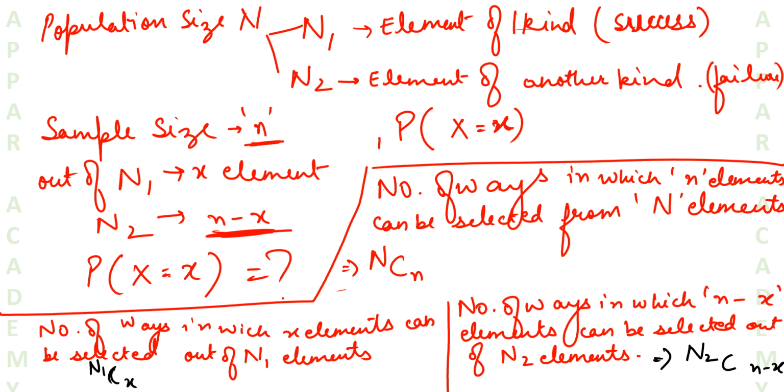Accordingly, the total number of ways in which x elements of the first kind and n minus x elements of the second kind can be selected is simply given by the product of n1 C x and n2 C n minus x, right?